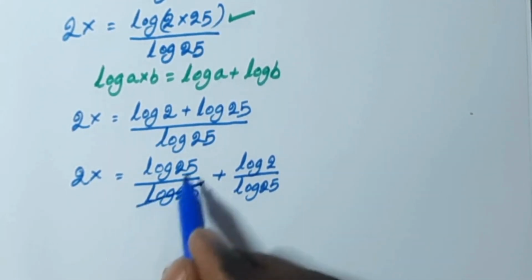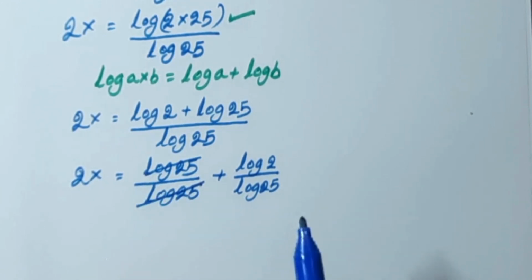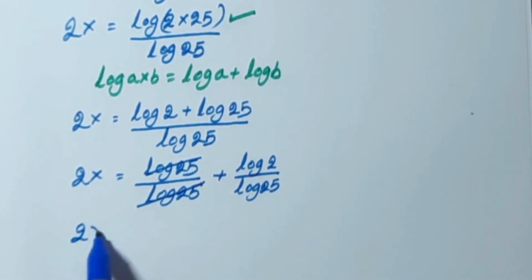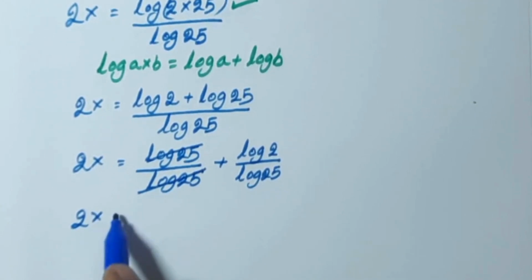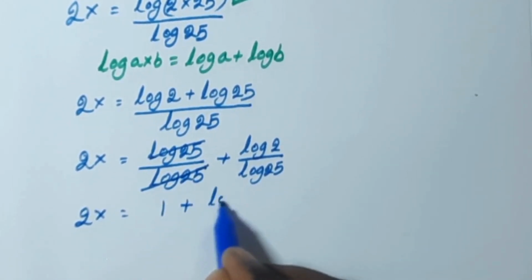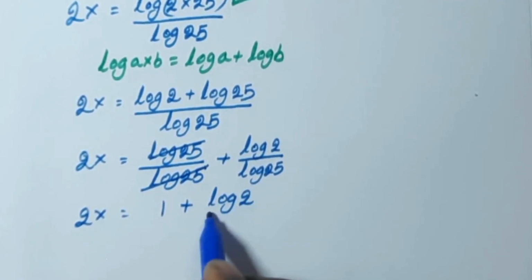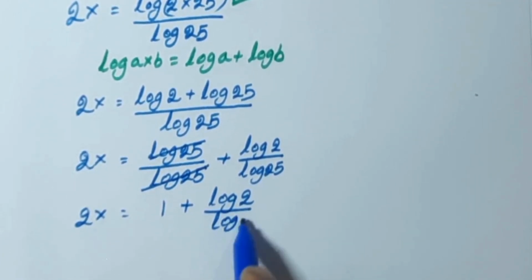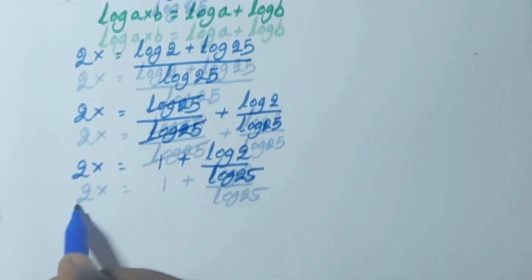This log 25 cancels this. So we have 2x equal to 1 plus log 2 by log 25.